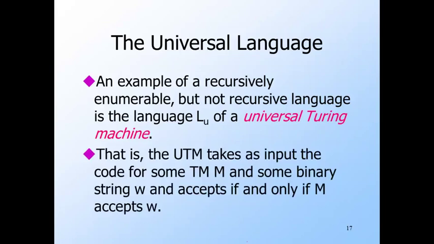In more detail, the Universal Turing Machine takes as input a binary string consisting of the code for some Turing machine M and some input W for M. The Universal Turing Machine accepts the coded M and W if and only if M accepts W. The idea of the Universal Turing Machine should not seem strange if you've ever contemplated a Java virtual machine.